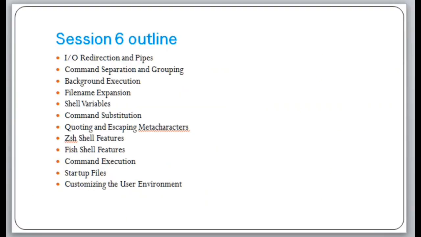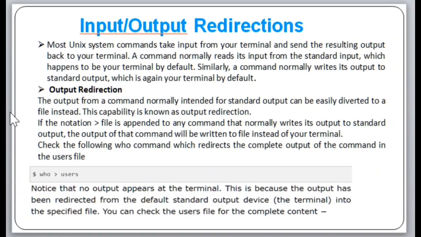Today, we're going to be going over input, output, redirection, and pipes, command separation and grouping, background execution, file name expansion, shell variables, command substitution, quoting and escaping meta characters, Z-shell features, fish shell features, command execution, startup files, and customizing the user environment. So let's go ahead and dive right in.